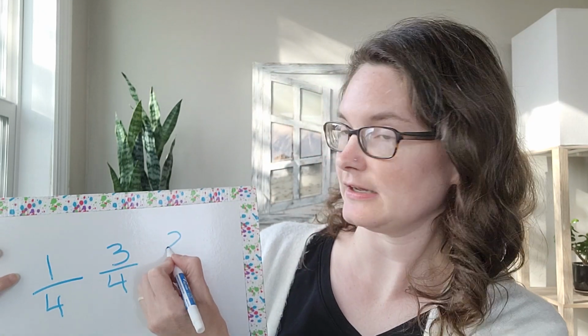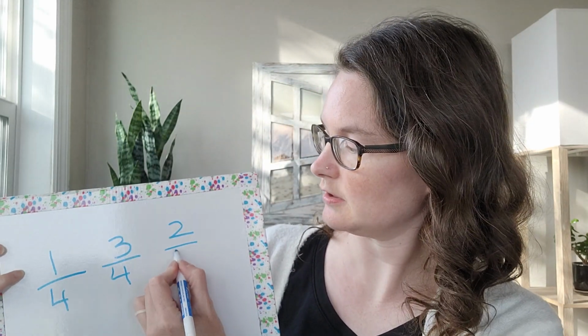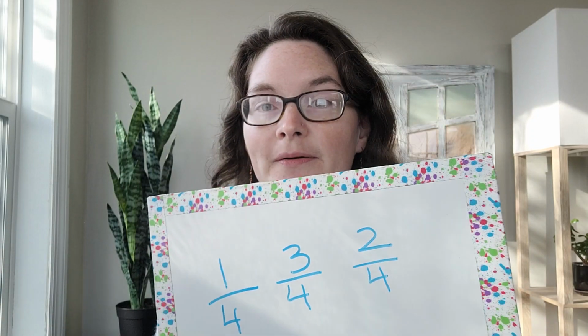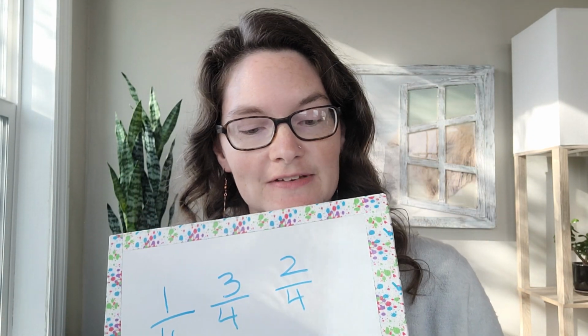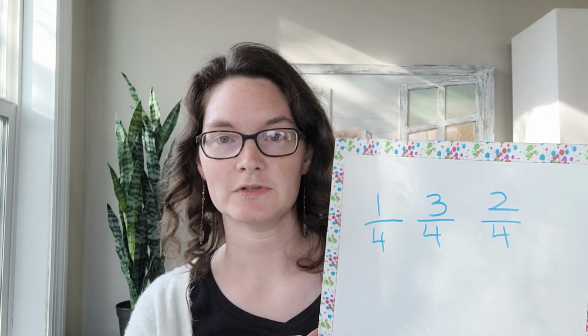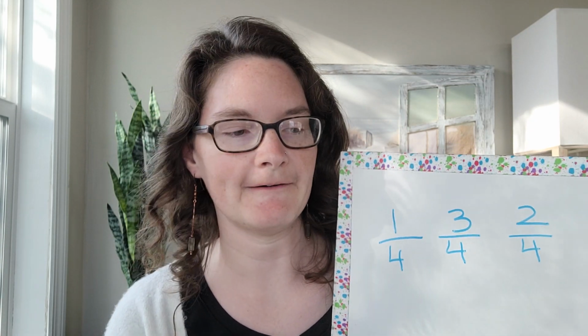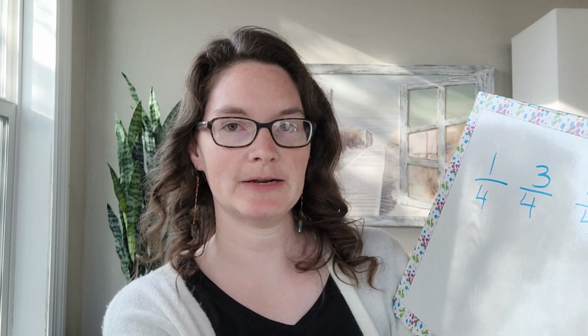I could have 2 blue and 2 orange in my gumball machine, and that would make it a 2 out of 4 chance of getting an orange and a 2 out of 4 chance of getting a blue. So that's kind of a review of calculating probability.